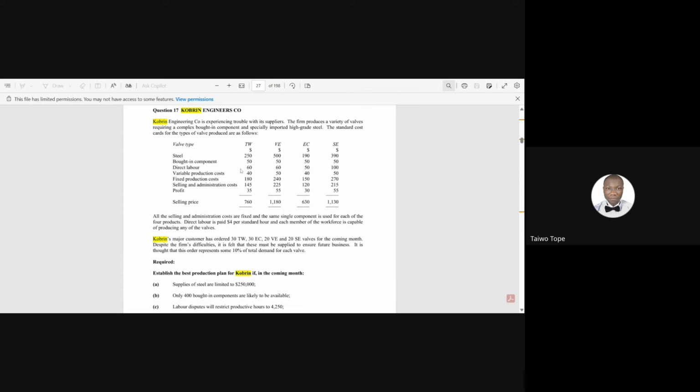This is it, $60. It's clearly stated here, $60. Direct labor for 1 unit of TW is $60.